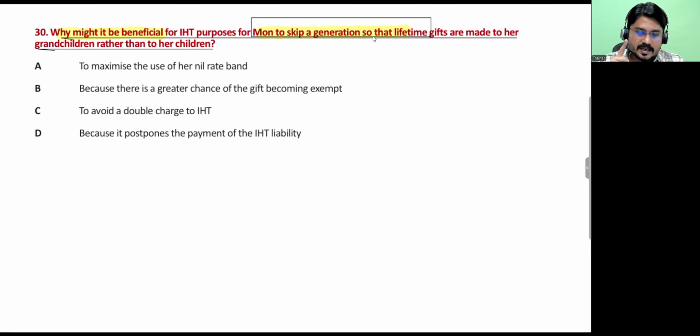But if the assets are directly transferred from grandfather to grandchildren, then IHT will be calculated at one stage only, when the grandfather dies. So basically, the objective for skipping the generation is to avoid the double charge to IHT. C is the correct answer.